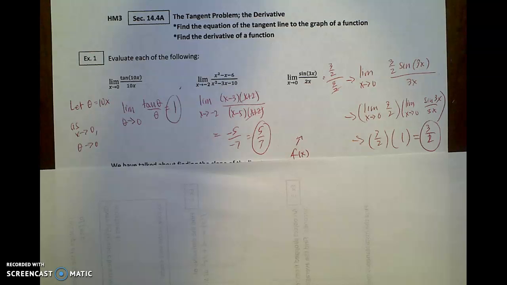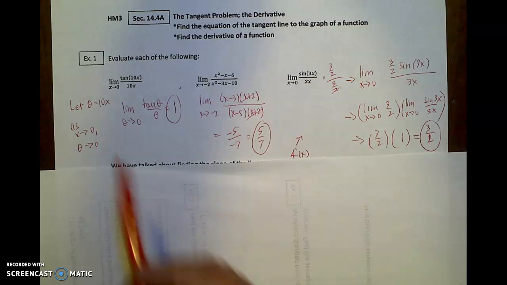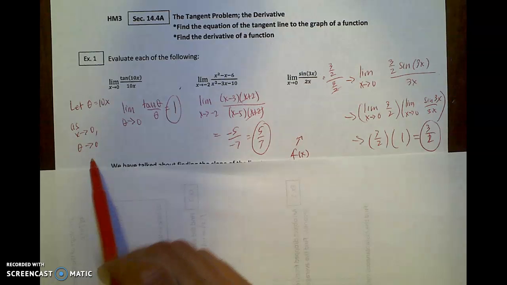For the first one, for the tangent, I'm going to do a little substitution. We're going to let theta equal 10x in this expression, and as x approaches 0, theta approaches 0.